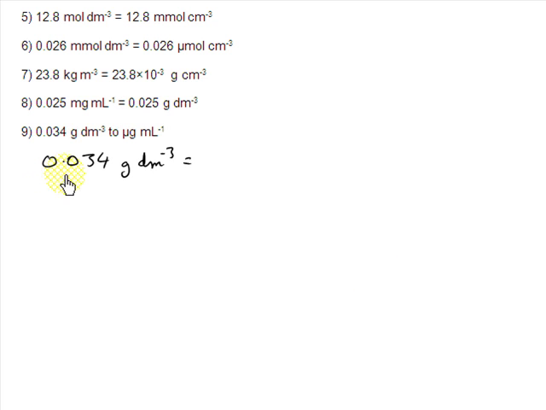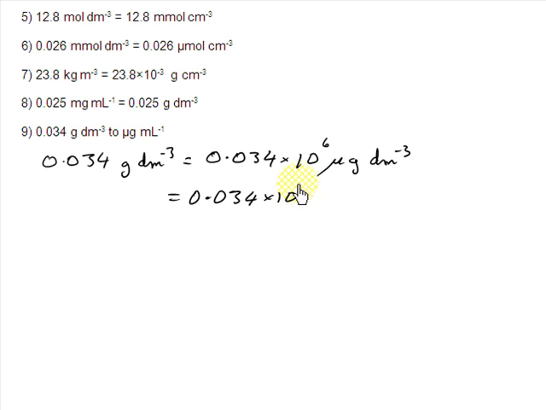To convert the 0.034 grams per decimeter cubed to micrograms per milliliter, we first of all convert the unit gram to 10 to the 6 micrograms per decimeter cubed. And then we wish to convert per decimeter cubed to per centimeter cubed, and that conversion ratio is 10 to the -3 per centimeter cubed.